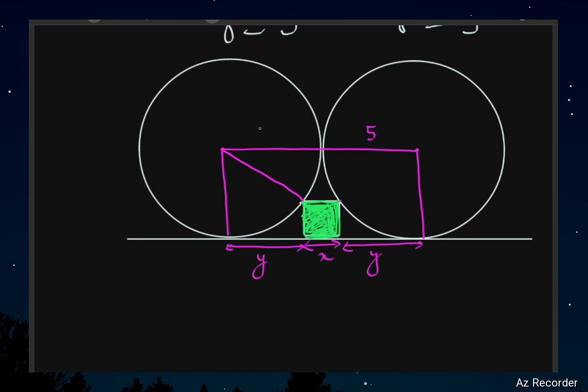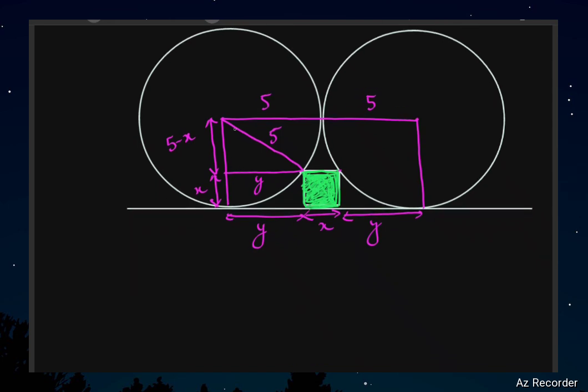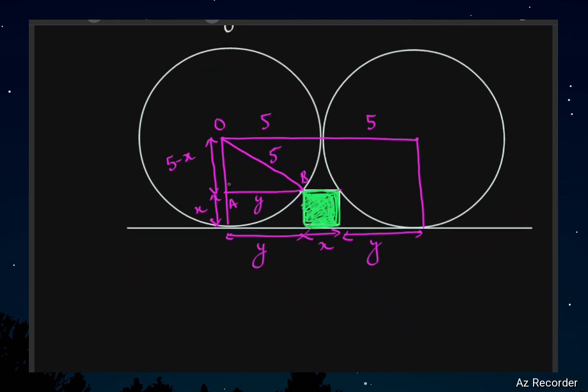Now since this is 5, this is 5, this will also be 5, and this will be y, and this is already x because this is the side of the square, so this will be 5 minus x. And this triangle OAB will be a right angle triangle because this is just a perpendicular drawn over it.